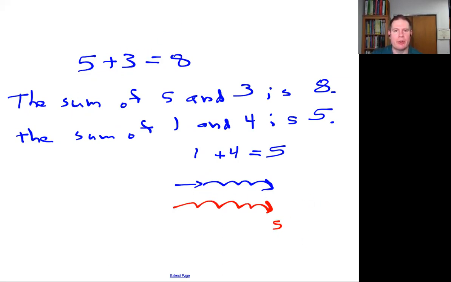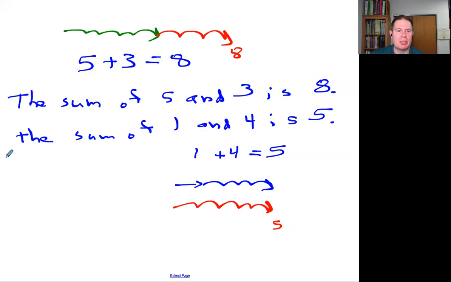Same thing here, 5 and 3. So I got 1, 2, 3, 4, 5, plus 3 more, 6, 7, 8. I don't have to write in the numbers. I'm still showing these arrows moving, showing that I'm continuing to move. That's going to be really useful when we get into adding fractions, or particularly adding signed numbers.